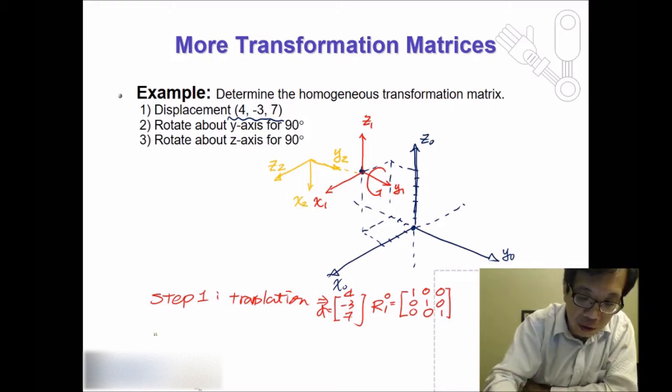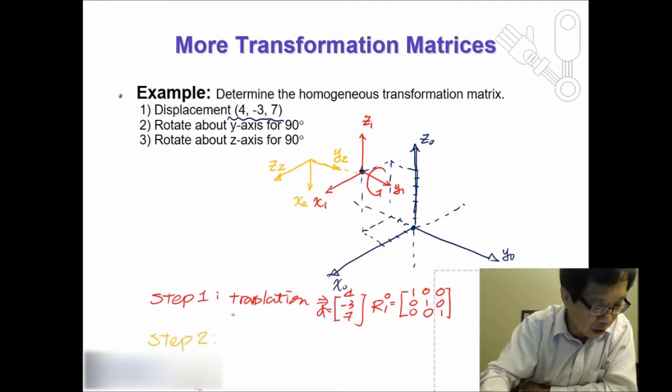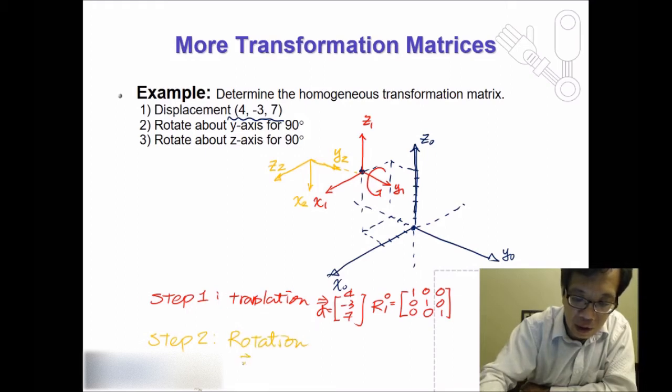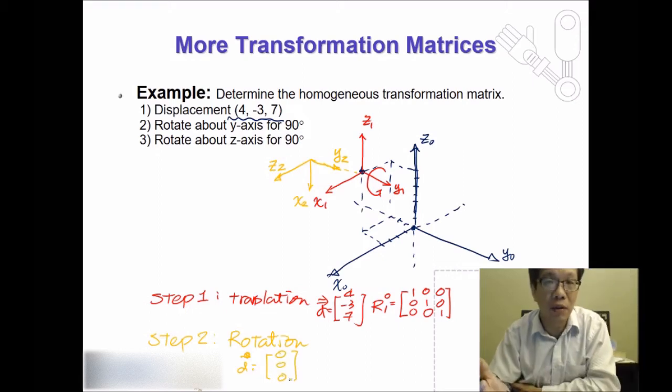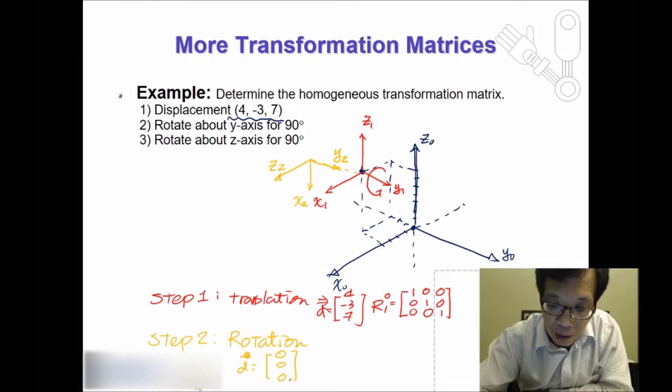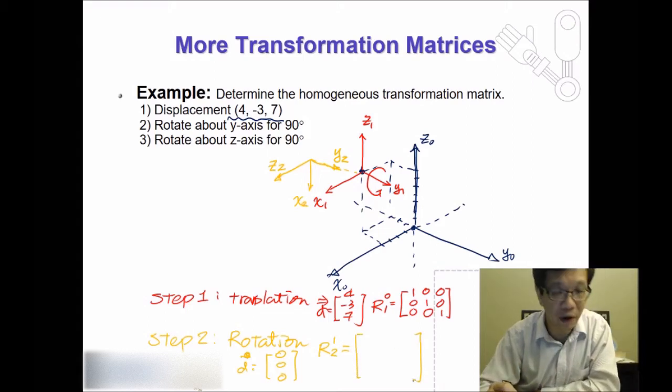So step 2, I'll have rotation. In this case, my d is going to be 0, 0, 0. Since I do not have any translation, but my r 1 to 2, that is something we need to identify over here.